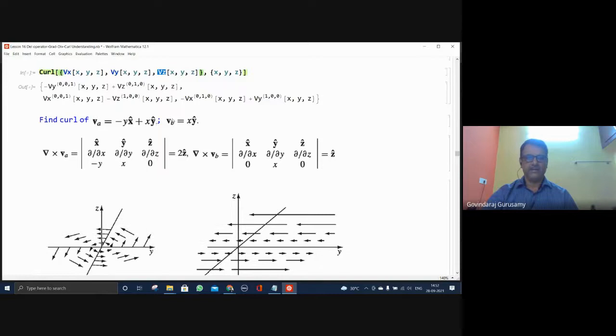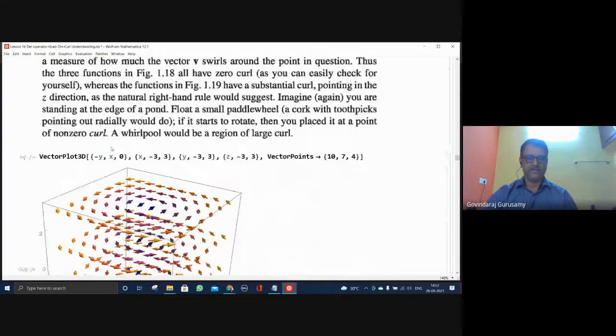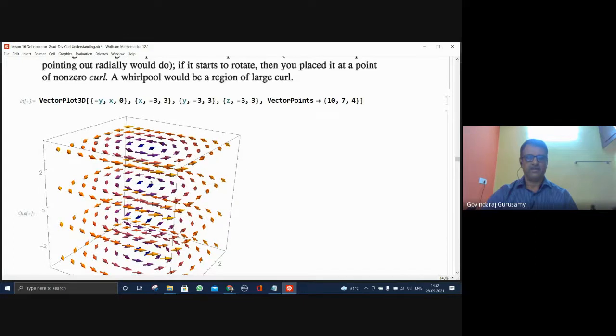And you have another problem, V equal to x y cap. That has a z cap component. This is what you are told of that. Now, if you plot this as a vector field, you can see minus y comma x, 0, and the z component is 0, and you can see the circularity.